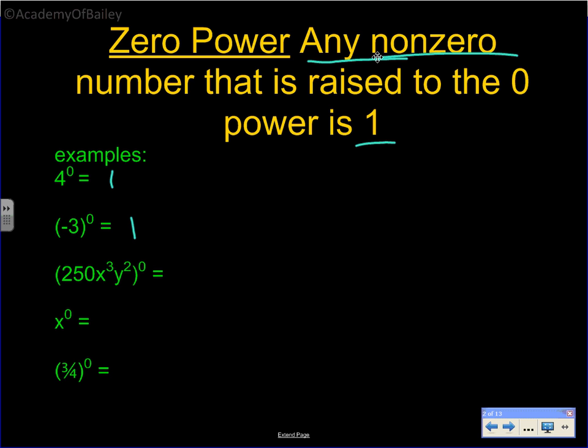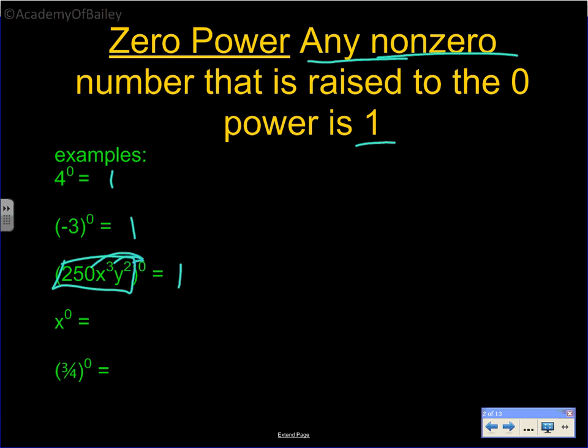Well, you know from the last section, if you multiply all those exponents by 0, you're going to get 250 to the 0 power, which is 1, x to the 3 times 0, or x to the 0 power, which is 1, and then y to the 2 times 0, which is 0, is 1. So you just have 1 times 1 times 1. Or you know that this right here is one number because they're all being multiplied. So it's just this one number raised to the 0 power, or 1, however you want to think about it.